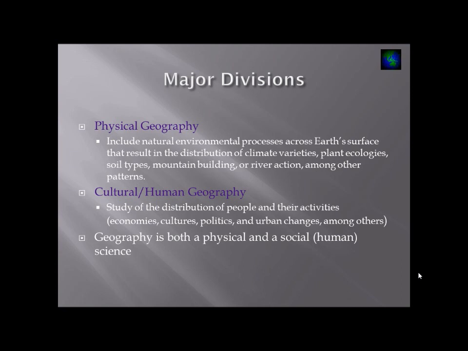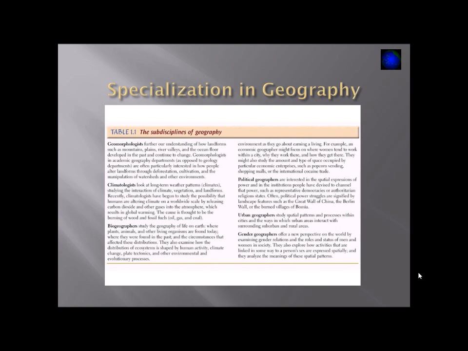Cultural or human geography studies the distribution of people across the planet and why they're located where they are, their cultures, their politics, urban change. It also studies the human-land interaction. So geography is both a physical and a social or human science, and you'll find geography departments in a variety of schools and colleges across the nation at universities.